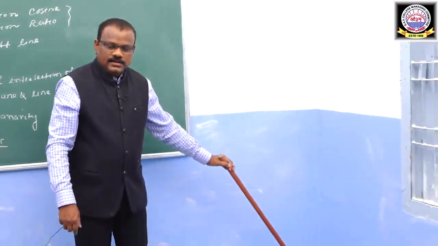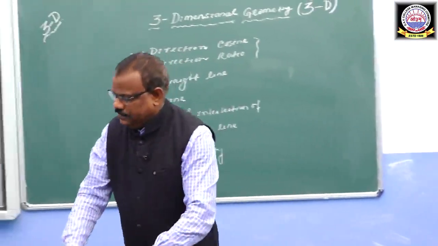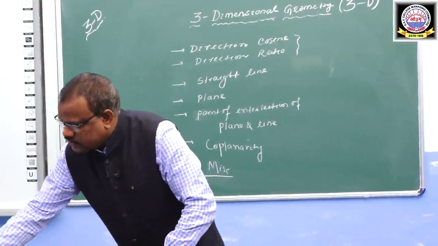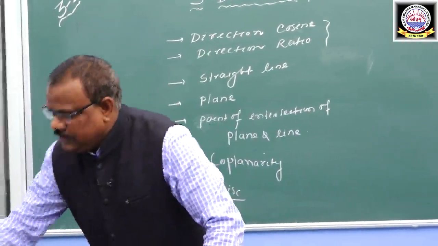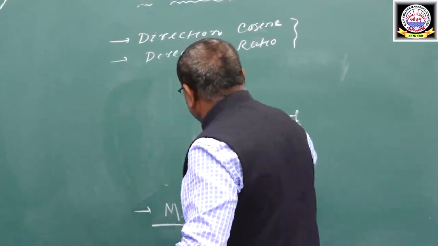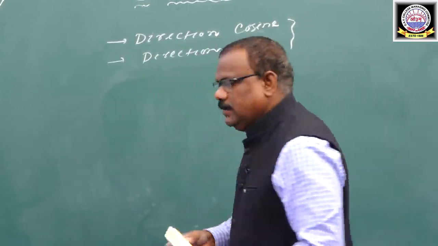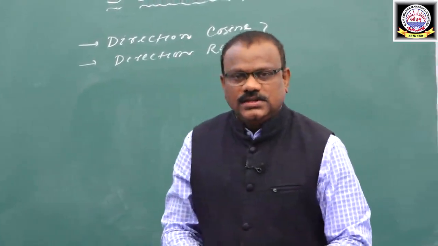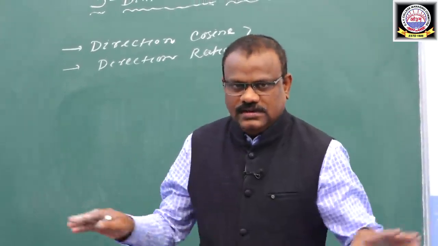Correct? So my first topic is direction cosine and direction ratio. This is a very important concept in 3-dimensional geometry. If you are not able to understand direction cosine and direction ratio, then I think you will not enter inside the chapter.